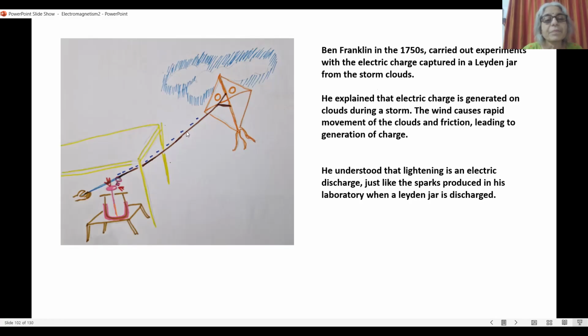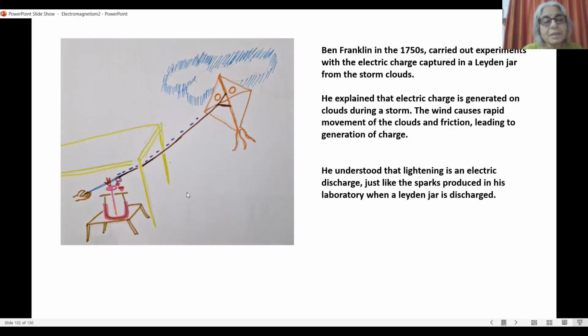He waited under a shed till the rain arrived. Once it started raining, the kite string became wet, and a wet kite string will conduct the charges. So the charges which were up there traveled down the string and reached close to Franklin.